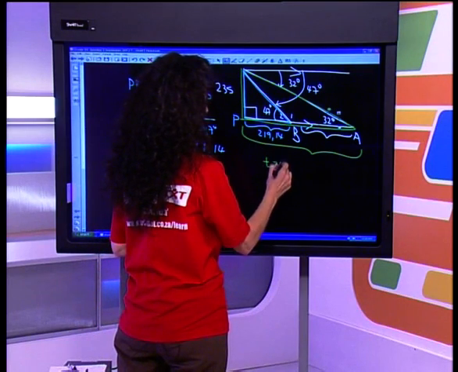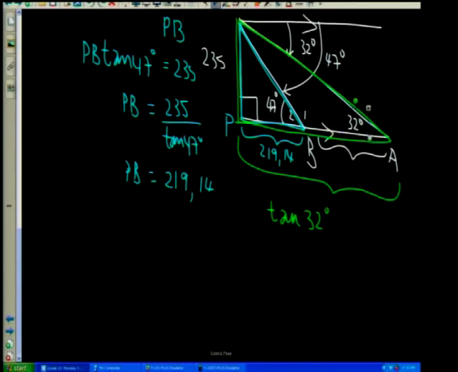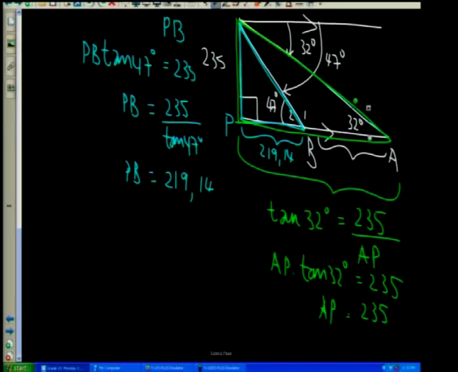So tan of 32 is opposite divided by AP. Again, can you see the same scenario? We have a denominator AP, so we take AP to the other side, multiply by tan 32, and then isolate AP, which is 235 divided by tan 32.